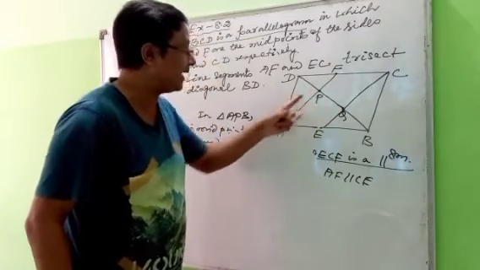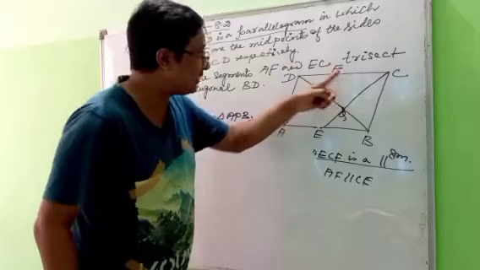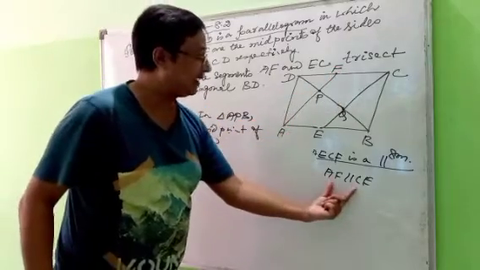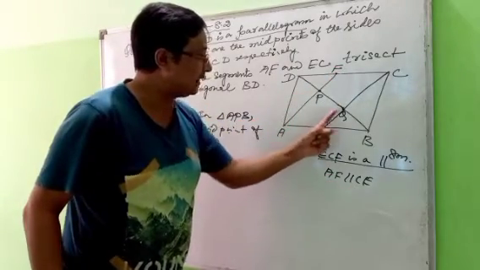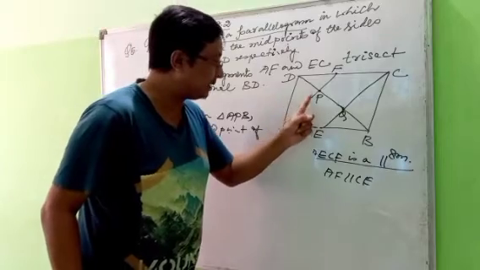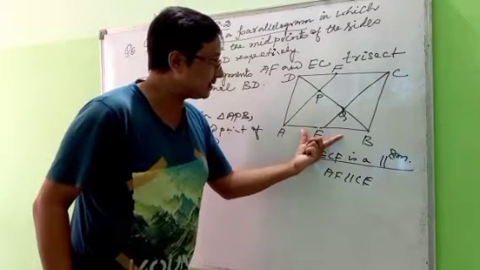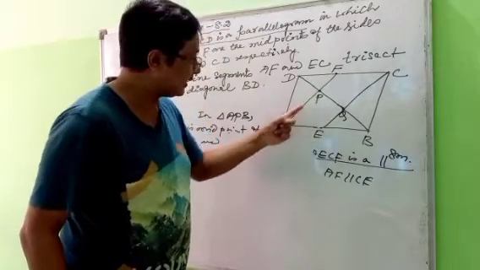That means EC is parallel to FA. In that case, you have got EQ parallel to AP. So this is the first side, this is the second side.